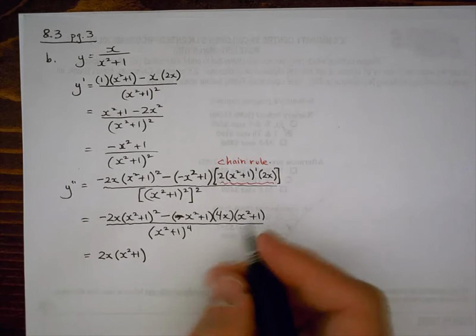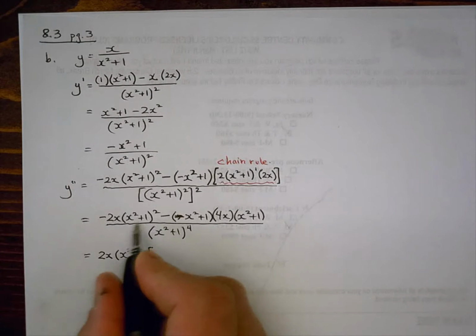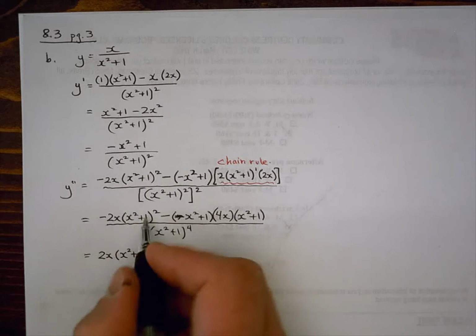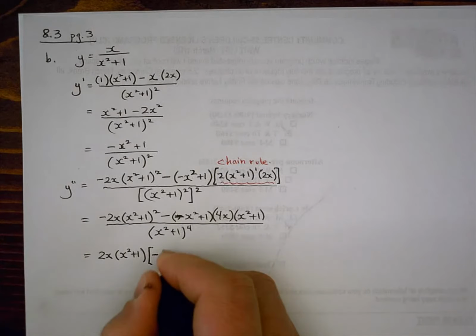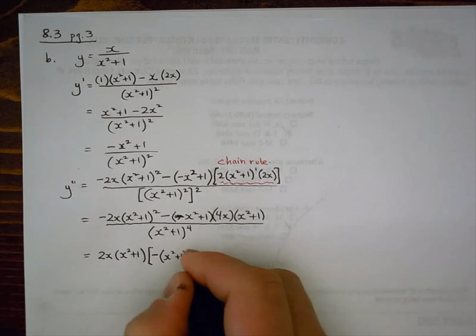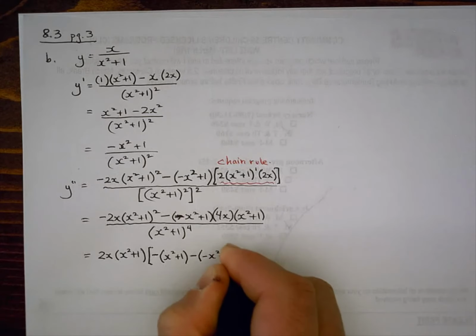Now what's left over? Well, if I factor out those things, I'm left with a negative, and then this, if I take x squared plus 1 to the power of 2 and I divide out one of those, I'm left still with x squared plus 1. Then I have minus x squared plus 1.